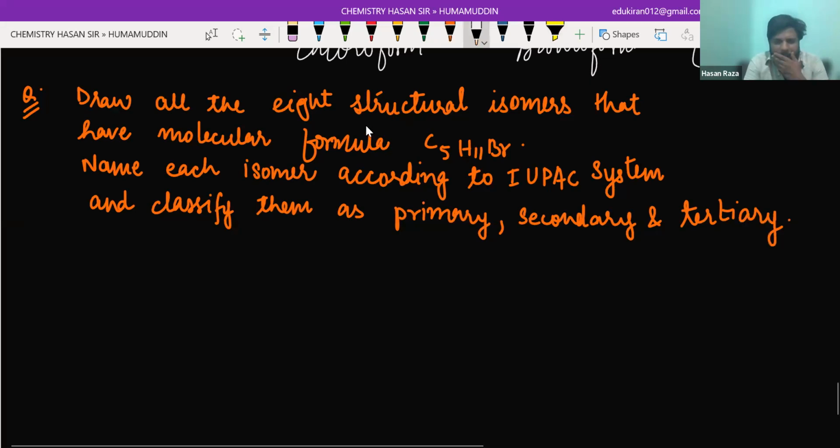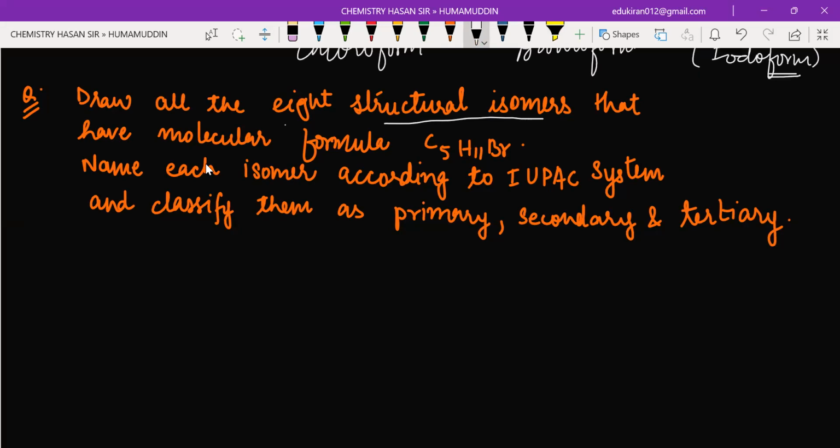So, Hemam and Austin, are you aware of these structural isomers? Yes, sir. Did you say Austin, yes or no? Yes. Okay, please draw it. There is a hint in the question that with this formula you will get 8 structural isomers.